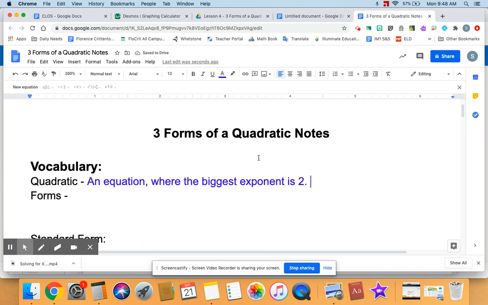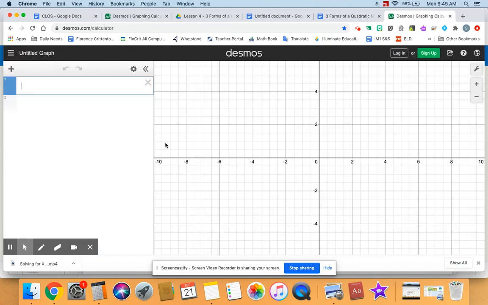So in math, we have tons of types of equations. And you'll learn all about these equations. The first one that they ever taught you about in your first year of math is something called a linear equation. And linear equations make straight lines when you graph them. Now, if we talk about exponents in this linear equation, 1 has an exponent of 1.